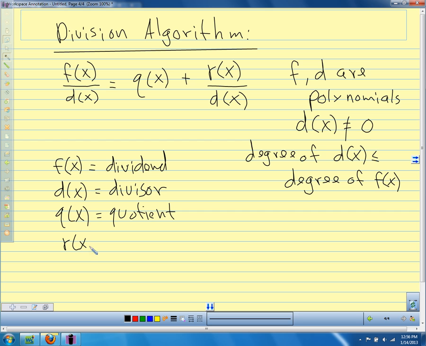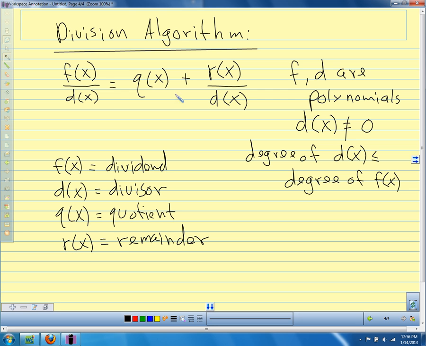And R of x is the remainder. So you'll see this terminology sometimes about the divisor and the quotient and the remainder. This is what we're talking about when we're doing this division algorithm with polynomials. Dividend, divisor, quotient, remainder, and this is the dividend again.